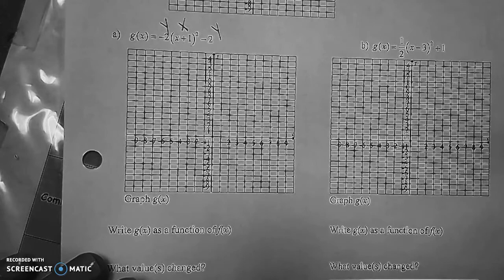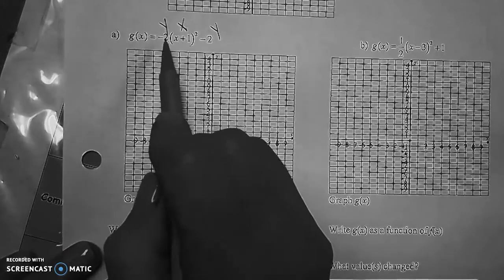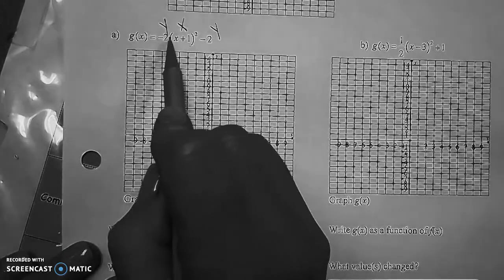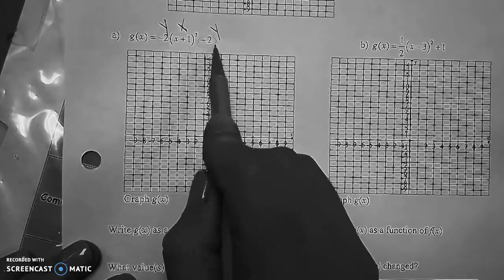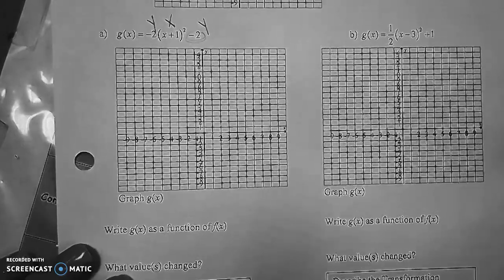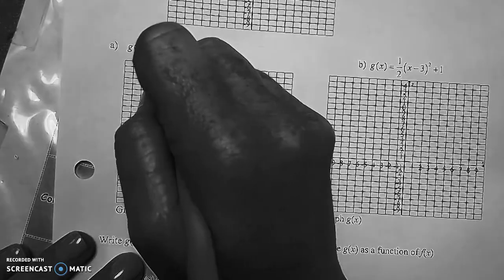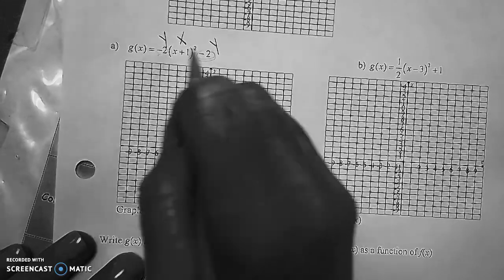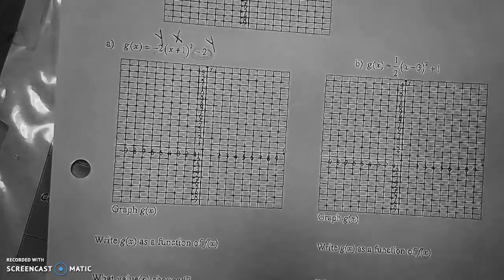Now, we've already talked about order does matter. Which one will come first? Will I deal with this -2, or will I have to deal with this -2? So you think about what mathematical operation each of these are. The one that's out front of your function is multiplying by -2. This is subtracting 2. So you want to follow order of operations.